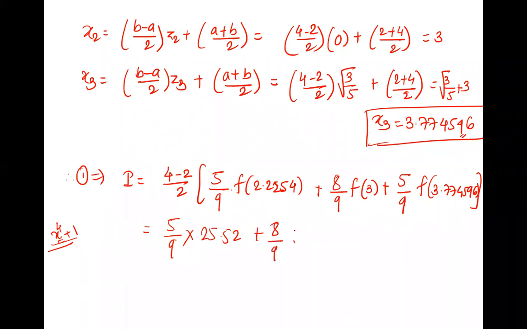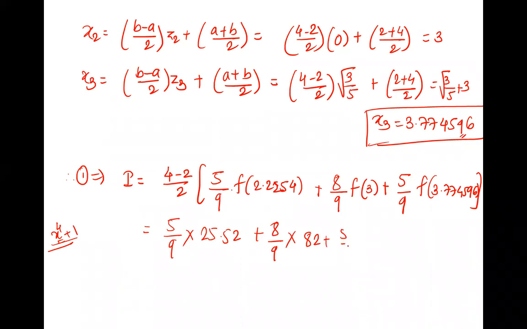Plus 8 by 9 into, find f of 3. Put 3 here. 3 raised to 4 plus 1 is 82. So 8 by 9 into 82.